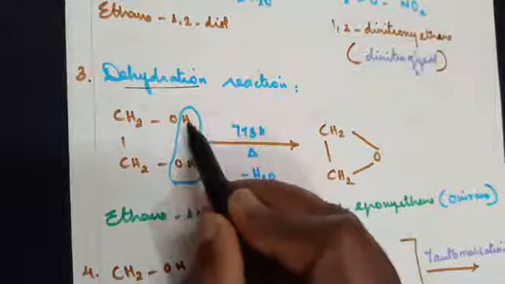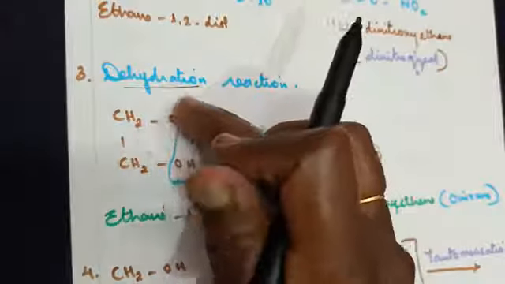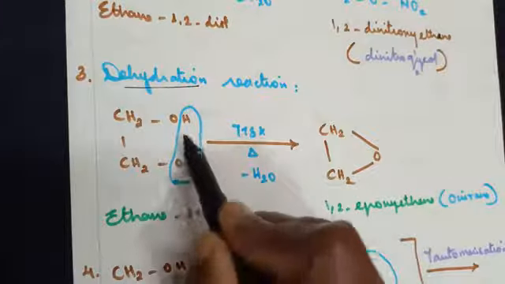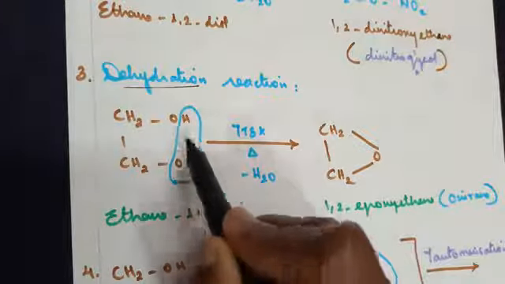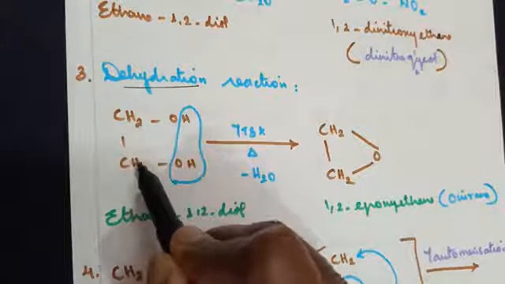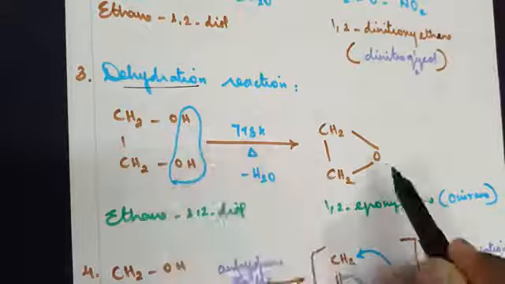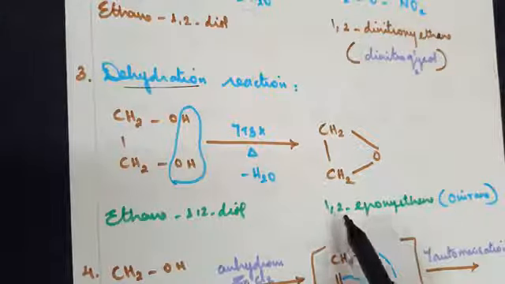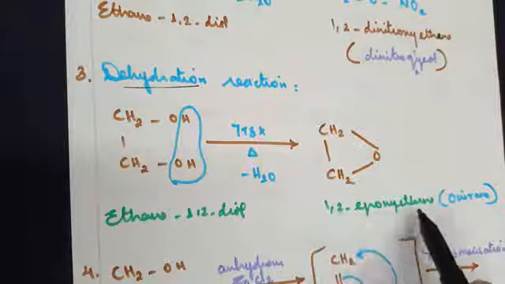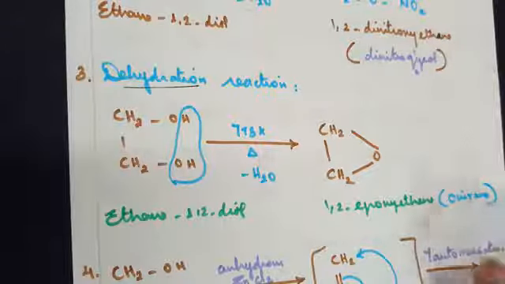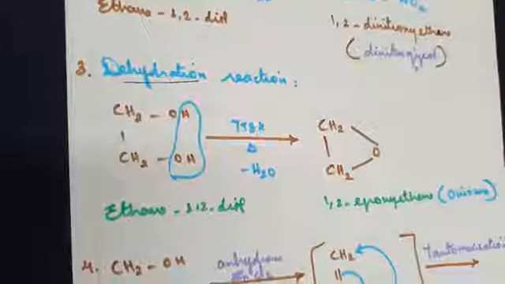So OH from here and H, any one, is the same. After losing the water molecule we are left with one oxygen. So these two CH2 groups combine with the oxygen, hence CH2 O CH2. The name of the product is 1,2 epoxyethane, or another common name is oxirane. Such easy reactions to remember.